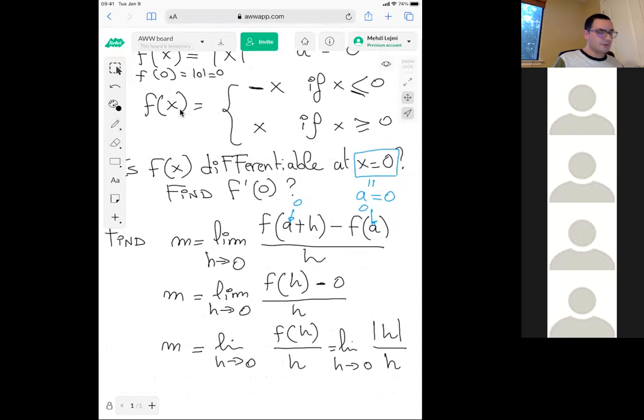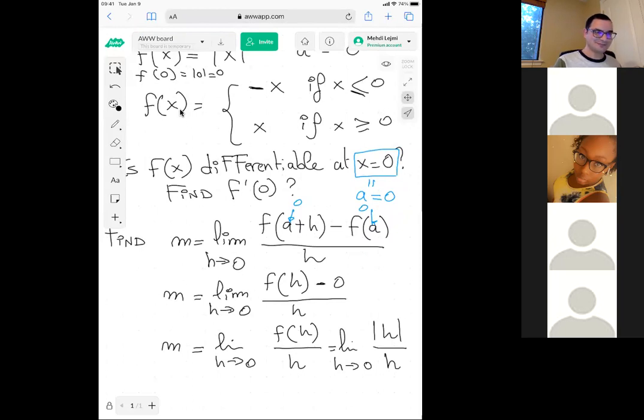So what do we do in this case? How do we get rid of this absolute value of h? Is it plus h or minus h? Is h positive or negative?